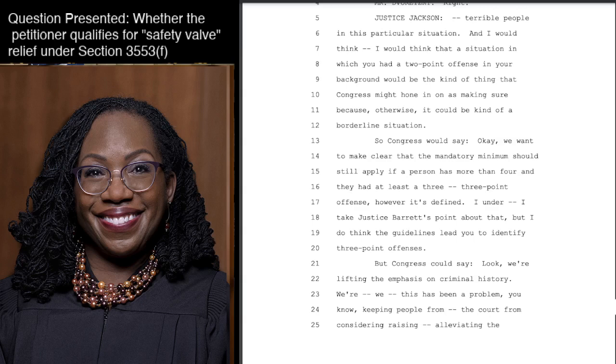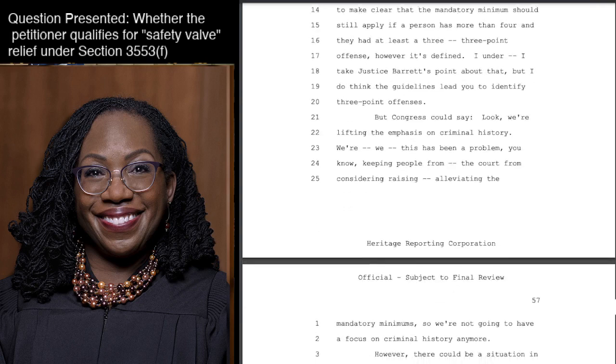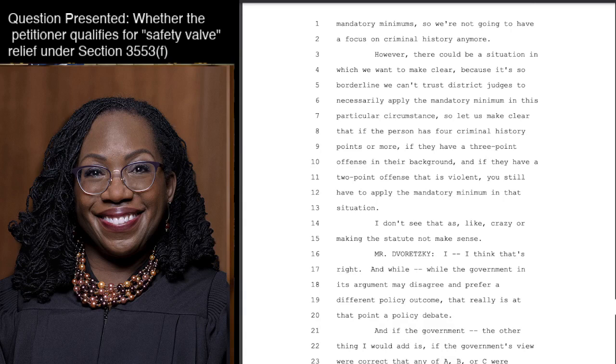I take Justice Barrett's point about that, but I do think the guidelines lead you to identify 3-point offenses. But Congress could say, look, we're lifting the emphasis on criminal history. This has been a problem, keeping the court from considering alleviating the mandatory minimum. So we're not going to have a focus on criminal history anymore. However, there could be a situation in which we want to make clear, because it's so borderline, we can't trust district judges to necessarily apply the mandatory minimum in this particular circumstance.